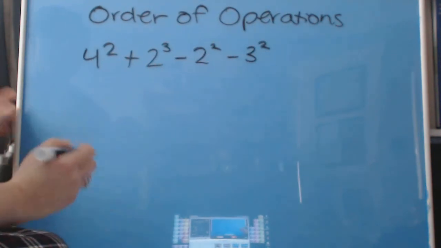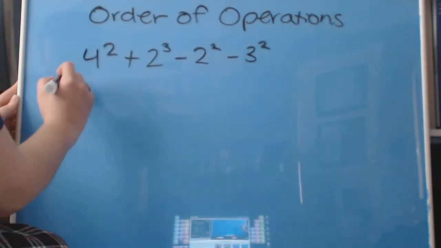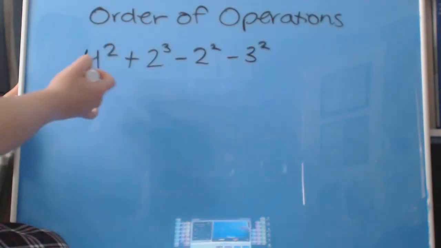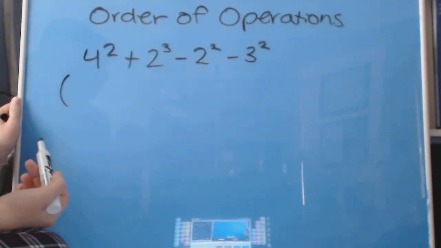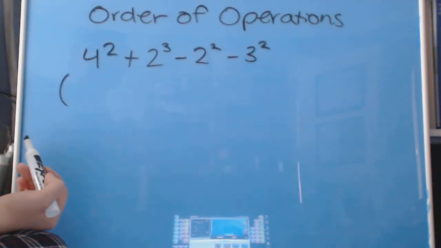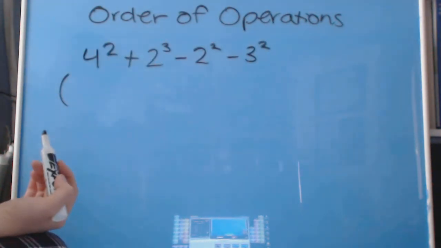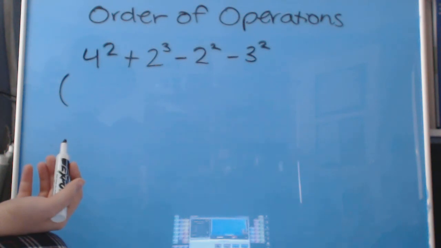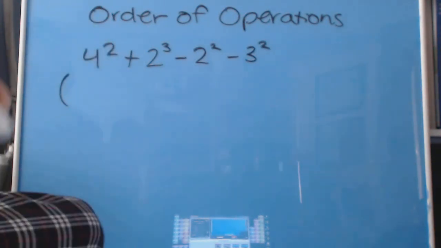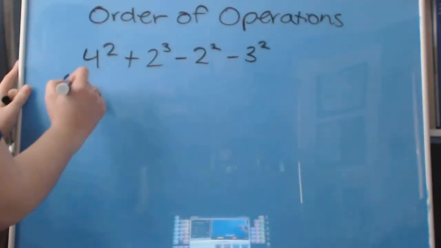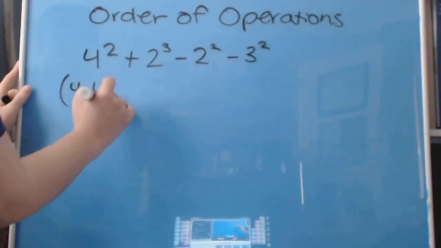What I like to do with stuff like this is I like to put everything in its own parentheses because that is what you have to do. Since we don't have parentheses right now, we follow the order of operations. Therefore, we have to do all these exponents. Since every number here has an exponent on it, it's easiest if we just do them all out individually. So 4 squared is 4 multiplied by 4.